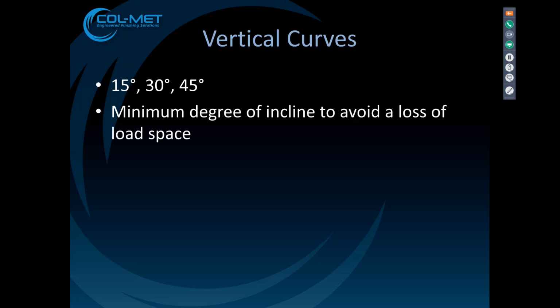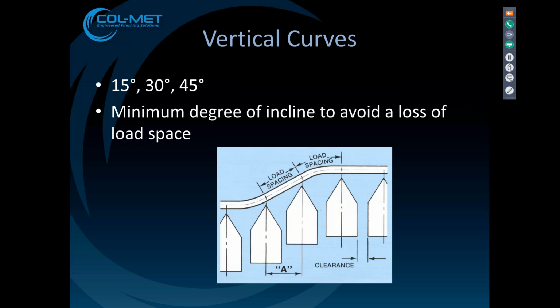Again, minimizing the degree of incline is very desirable. The lower the degree of incline you can utilize, the better off you are in preserving your line density. This picture illustrates load spacing and clearance as a product is hung on the conveyor and has to make the rise from the lower elevation to the higher elevation on the conveyor.